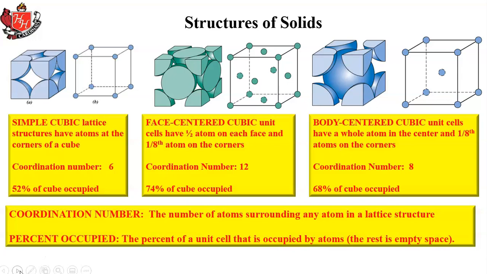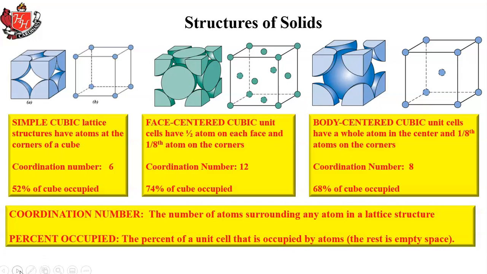So it's the smallest piece of that lattice structure that, if you repeated it, would form that lattice structure. You can't just cut a lattice structure into any kind of block and repeat it and have it form the lattice. It won't work. So that is an example of the simplest kind, which is called a simple cubic lattice.